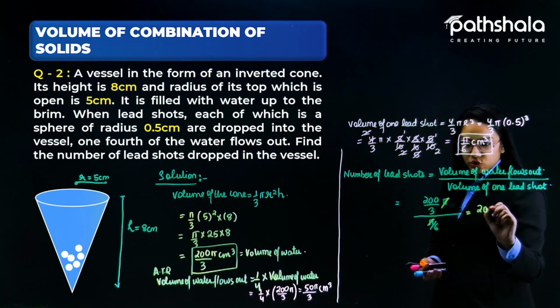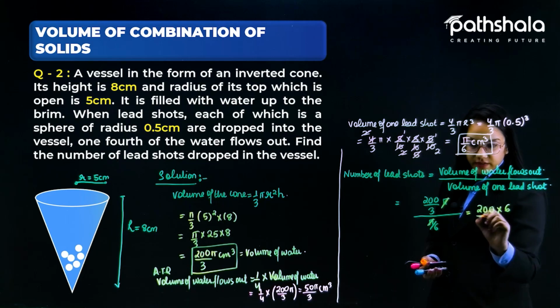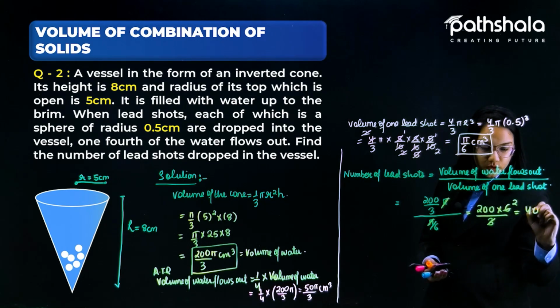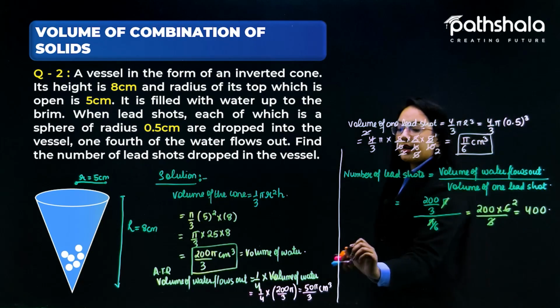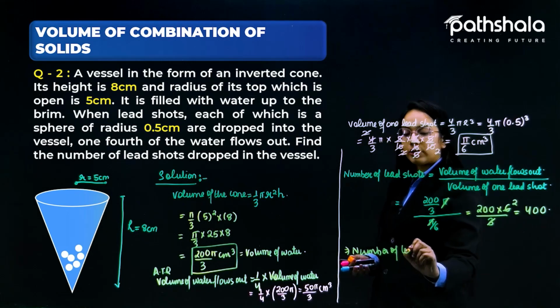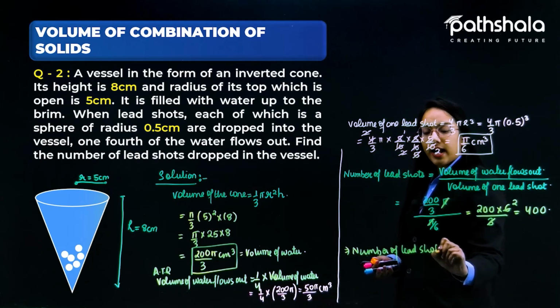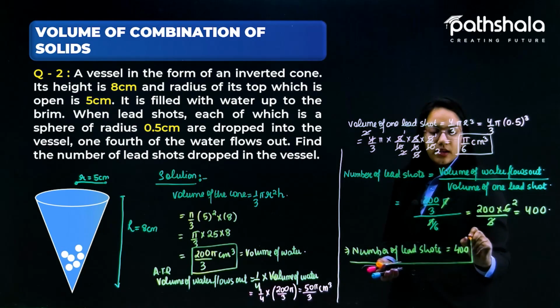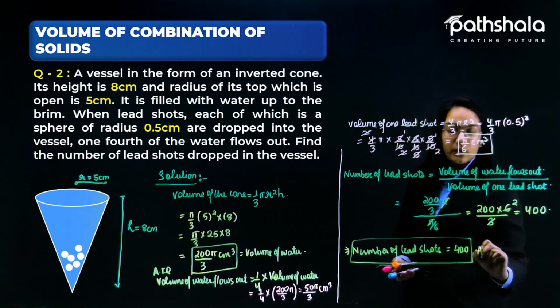This is 200 into 6 divided by 3. 3 into 2 is 6, which is equal to 400. So the number of lead shots is equal to 400. This is the answer for this particular question.